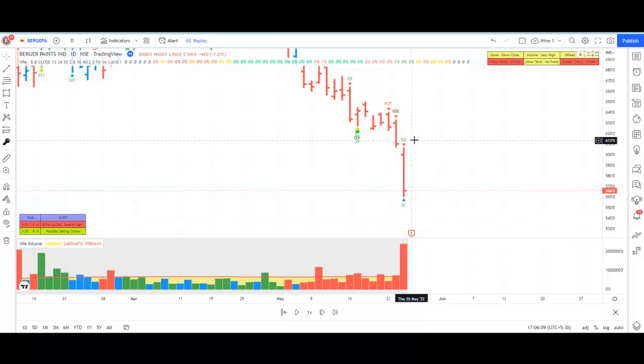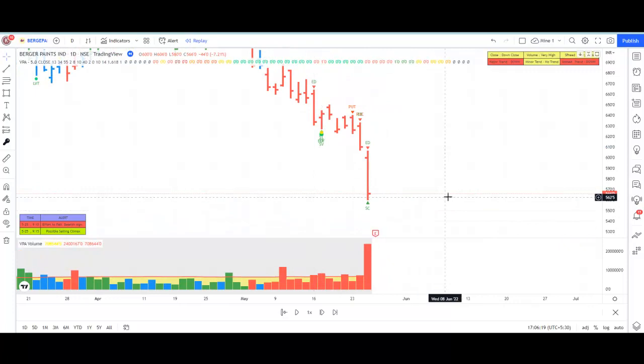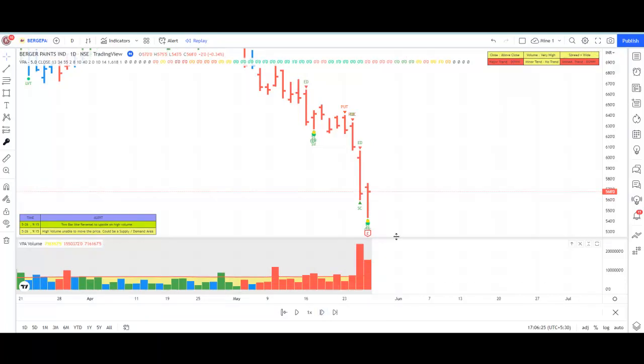You can see it is a widespread bar closing near the low, and the volume has been ultra high. So let's see how the prices play out further. So the next bar, there was some selling coming in here, but quickly it was absorbed and the prices were brought back into the shadow of the selling climax bar.